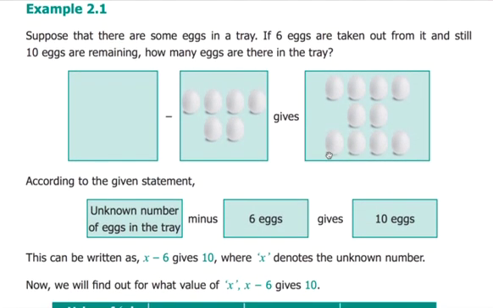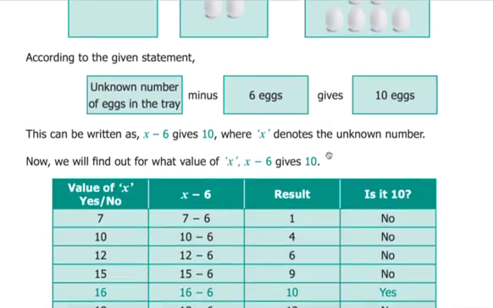Suppose that there are some eggs in it. If 6 eggs are taken out from it, and still 10 eggs are remaining, how many eggs are there in the tray? 16 eggs. Quite simple, right?